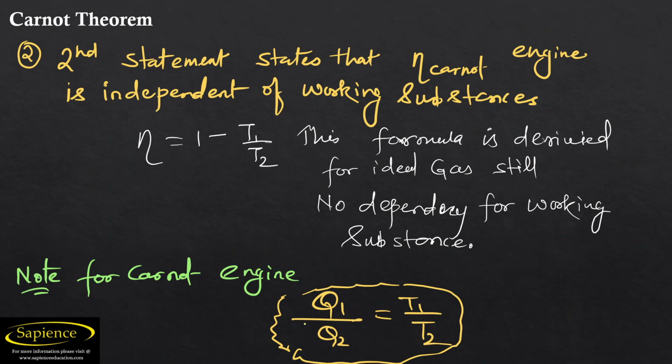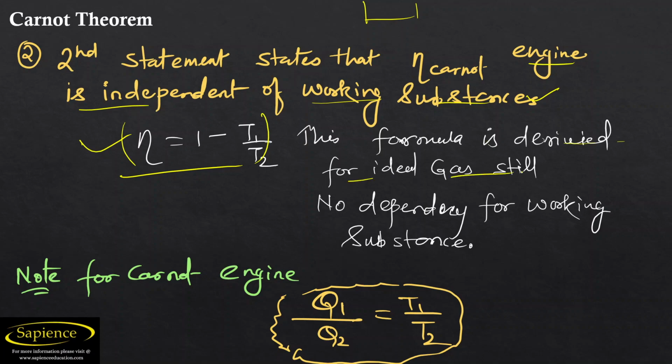Now there is another statement which is known as the second statement of the Carnot theorem. It states that the Carnot engine is independent of the working substance. It does not depend upon the working substance. We have already derived the efficiency of the Carnot engine as 1 minus T1 by T2. Now this formula is derived from the ideal gas, still there is no dependency on the working substance.